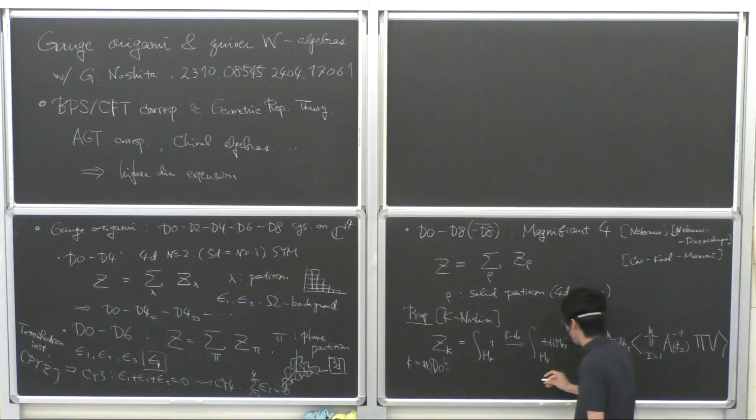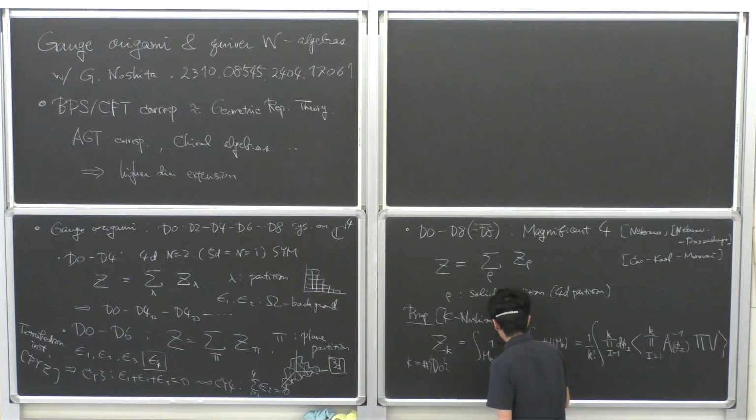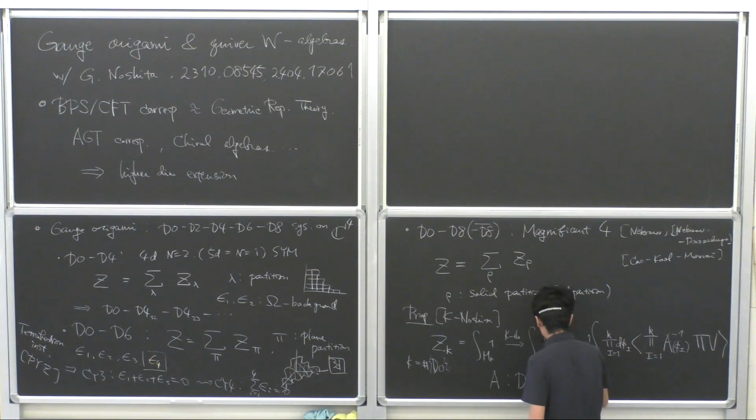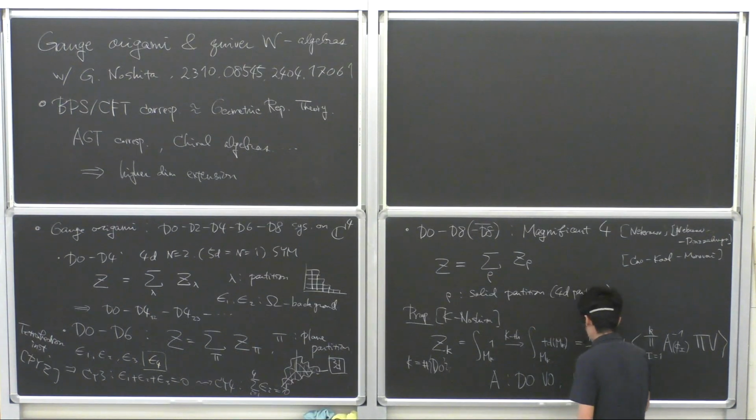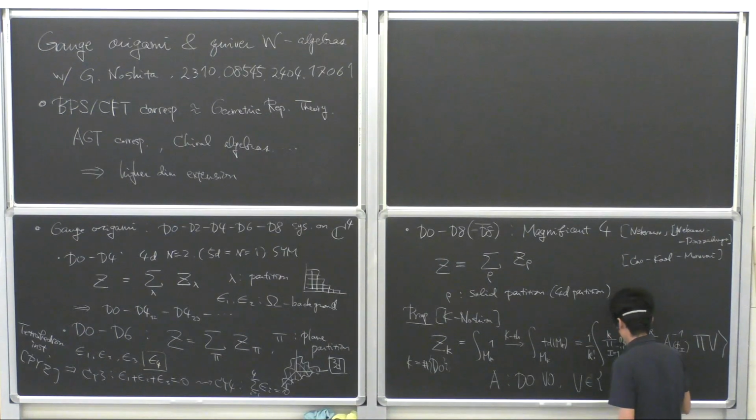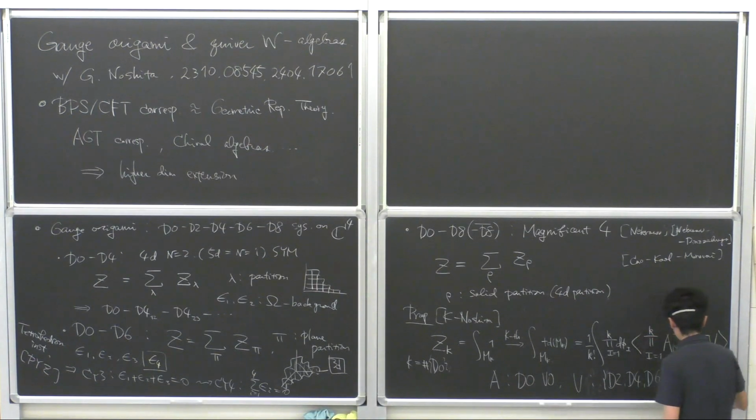The interpretation is that the A operator plays the role of the D0 brane vertex operators. And the choice of B is a vertex operator with several possibilities, depending on what kind of theory you are talking about: D4, D2, D6, D8 vertex operators.